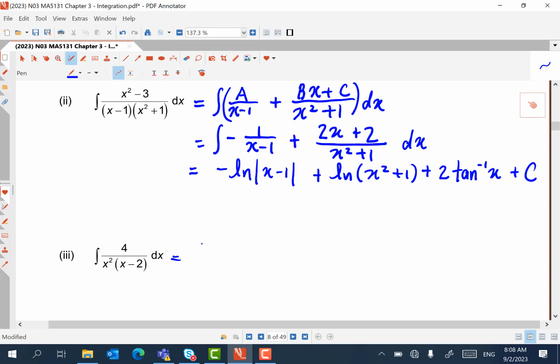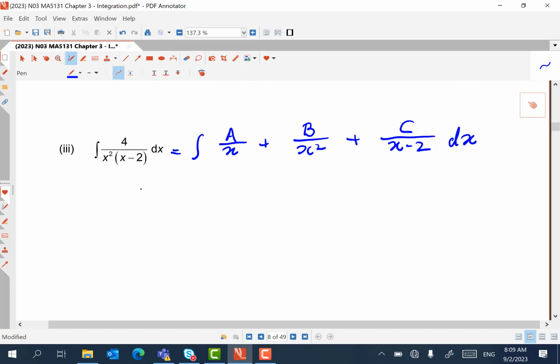Once again, what's the form of the partial fractions? Yeah, right. Just that I have written the A first. But it's the same, okay?